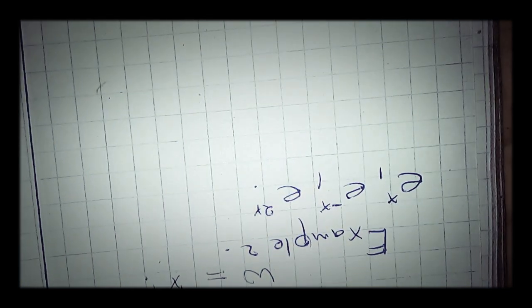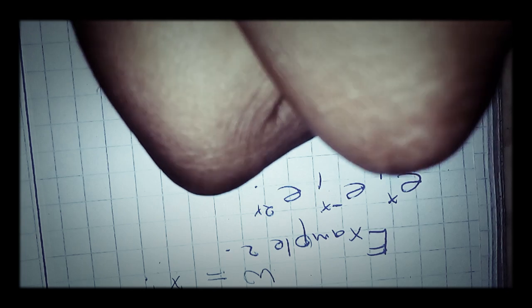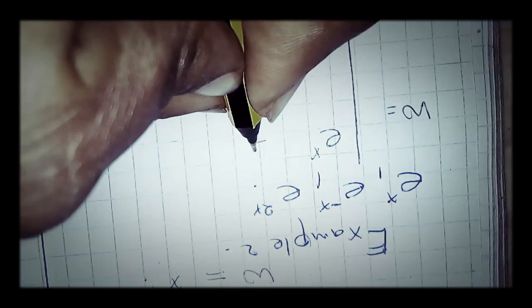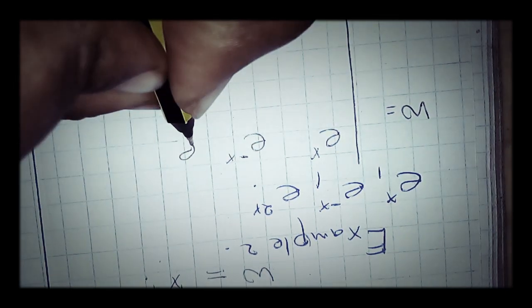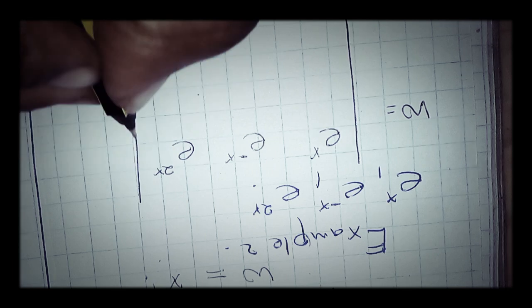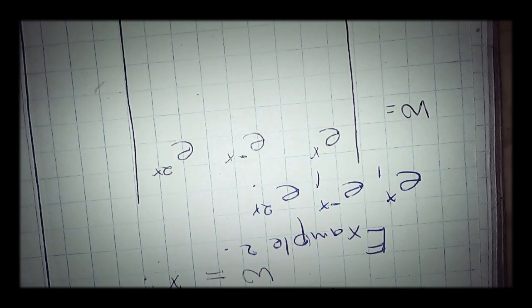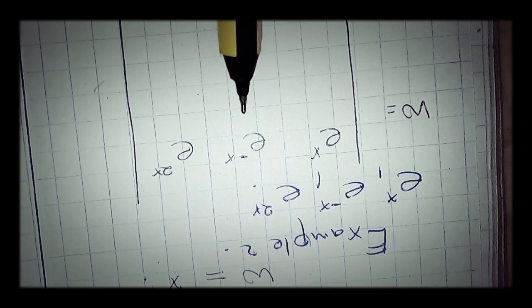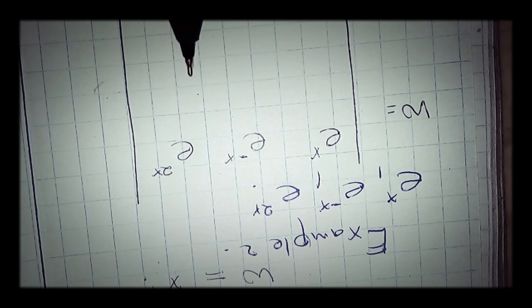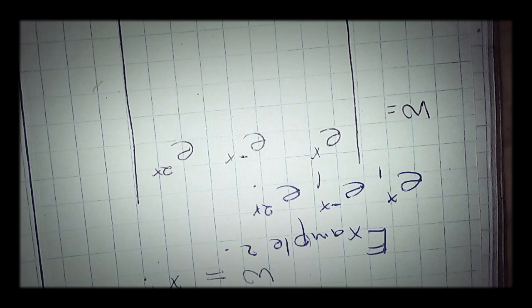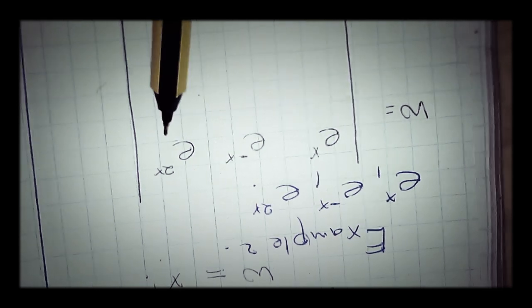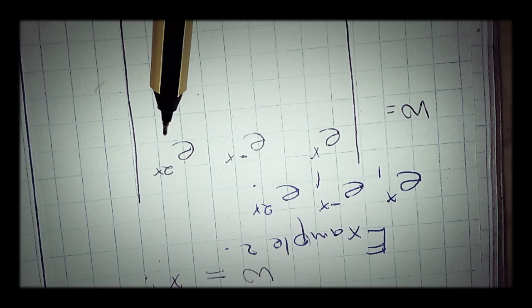So we say the Wronskian will be given by the determinant of e to the power x, e to the power negative x, e to the power 2x. That's the first row. The successive rows will be the successive derivatives of these functions with respect to x.